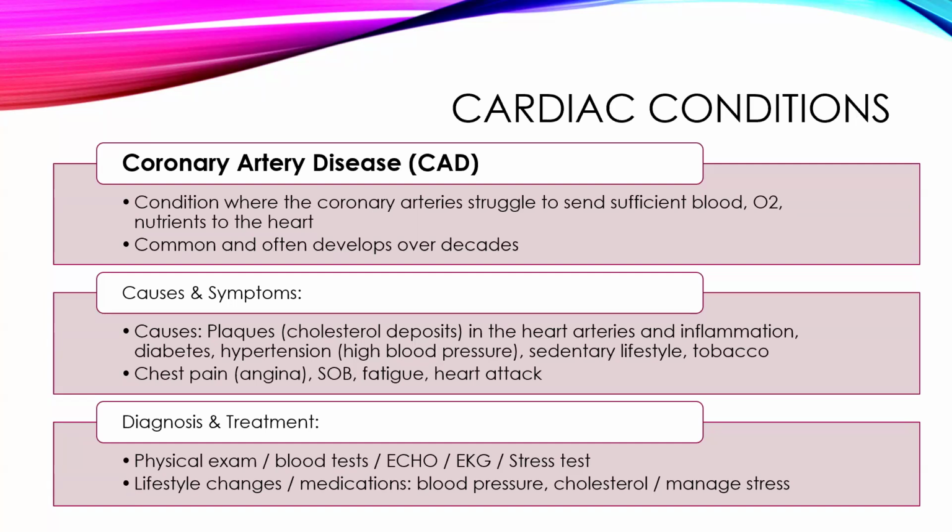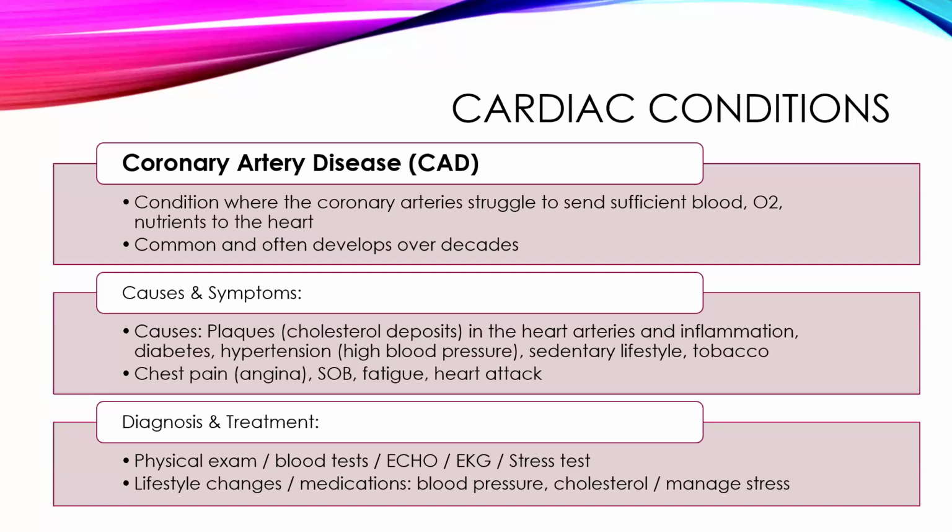And a stress test would usually be done more in an outpatient setting, but the individual will be walking or riding a bike or something like that, and the stress test is measuring their heart rhythm, their blood pressure, and their breathing while they're doing that exertion or exercise. The coronary arteries are major blood vessels that supply the heart.